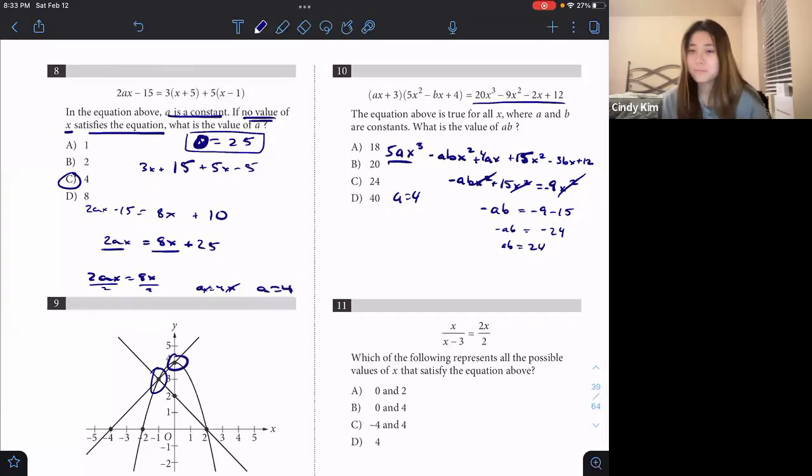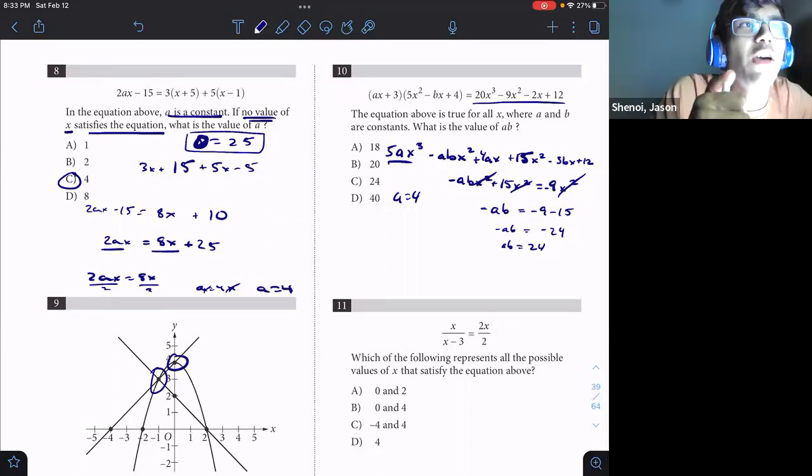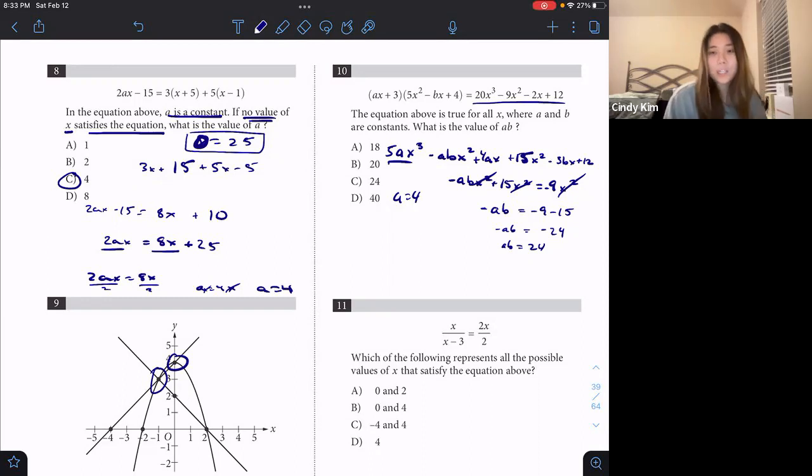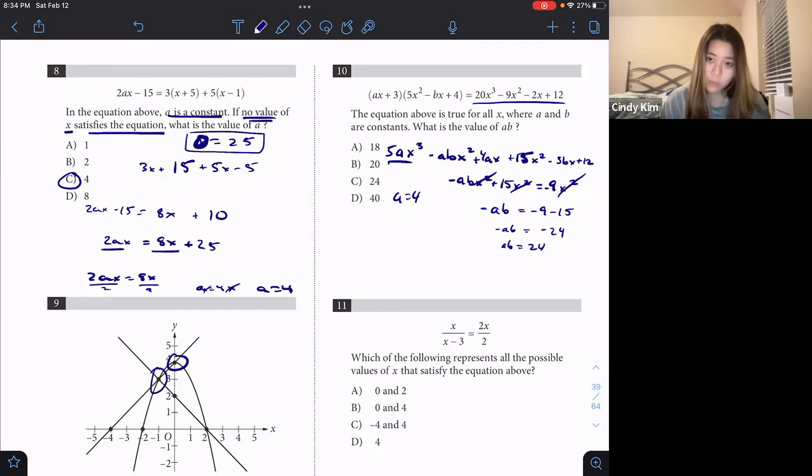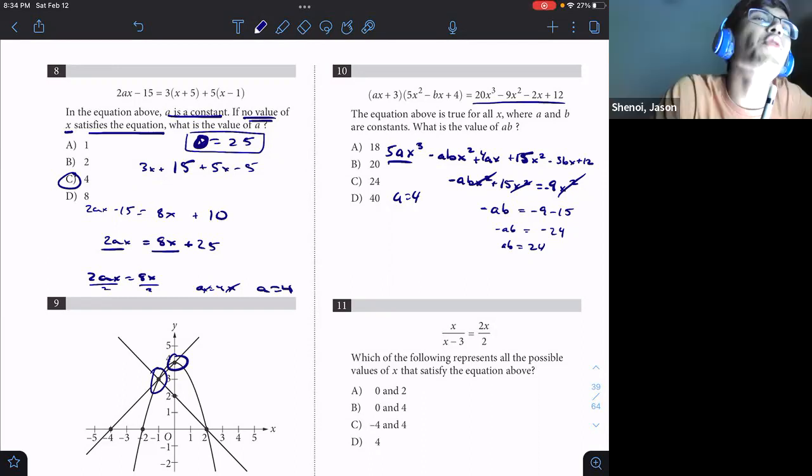No way. Did you see how I did that though? I put negative 4bx squared plus 15x squared equal to negative 9x squared, and then I messed up the solving. Oh, you substituted A as 4. Yeah, that would solve for B, right?